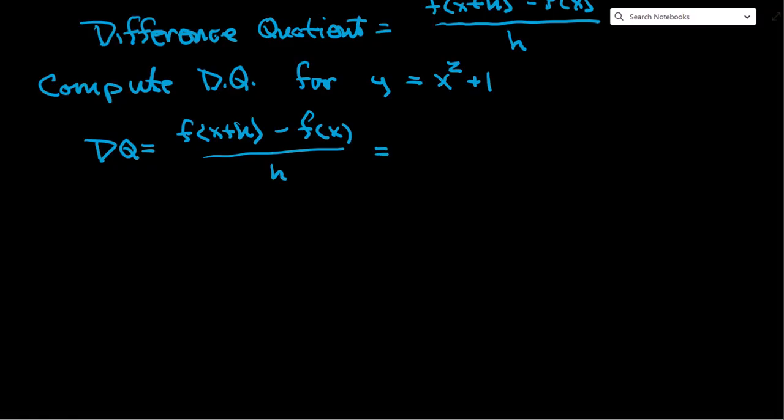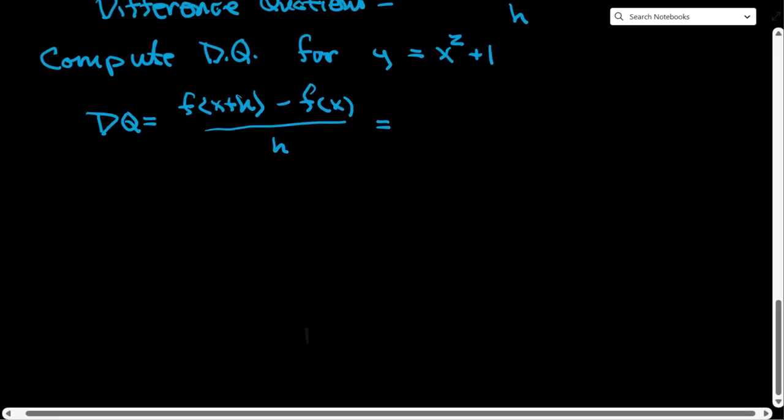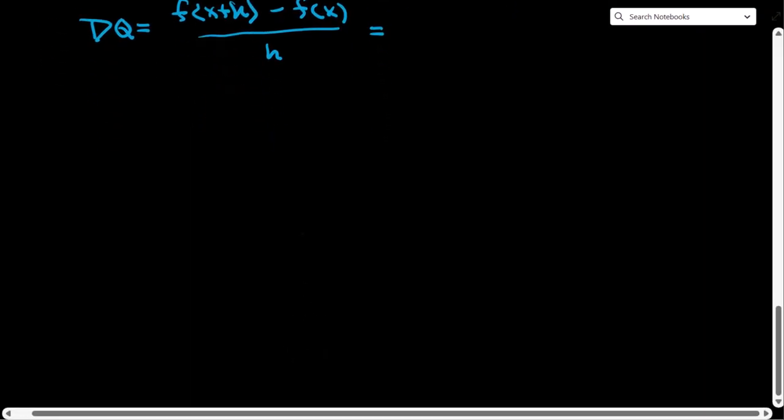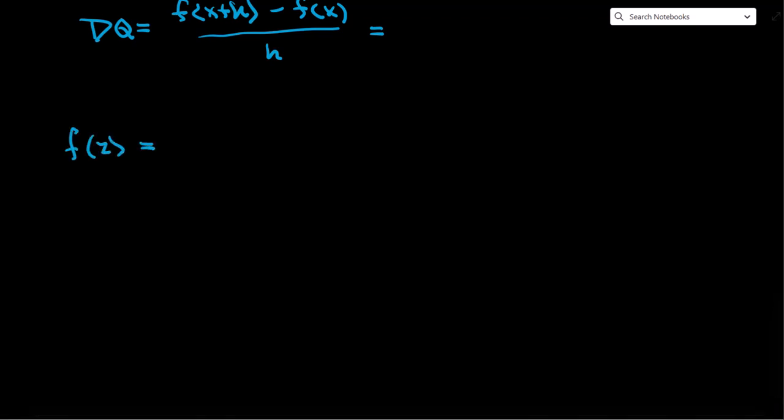Okay, now sometimes people get a little confused when they look at f of x plus h and are not quite sure what it means to do. I'm going to step down to the side here, and I'm going to erase this when I'm done to get it out of the way. But if we want to evaluate f at 2, what we would do is we would take our function x squared plus 1, and we would substitute this value of 2 for our x.